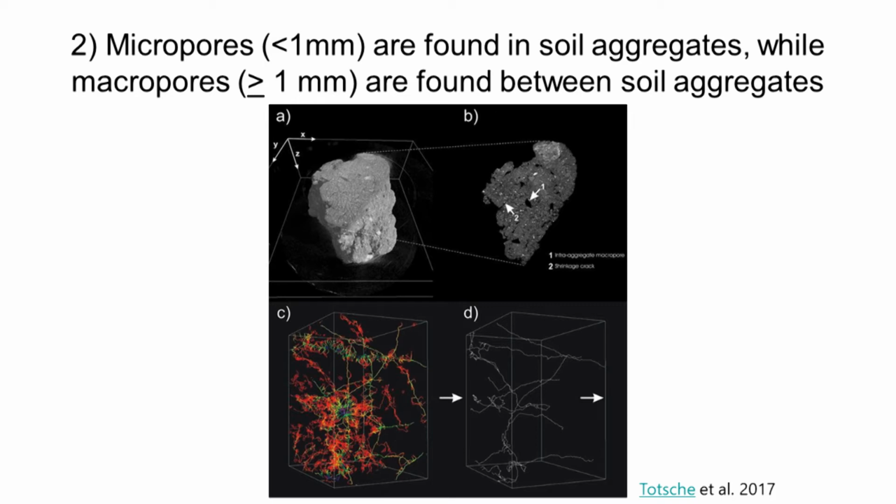This is a 3D image of a macro aggregate. This is 5 millimeters in diameter. Obviously, you can't tell from this image. University of Guelph researchers did a 3D scan of this macro aggregate. And 5 millimeters is big enough that you could pick it up and put it in the palm of your hand. It would look solid. But if you did a 3D scan, you would see a couple of large intra-aggregate macropores, but really a ton of micropores.